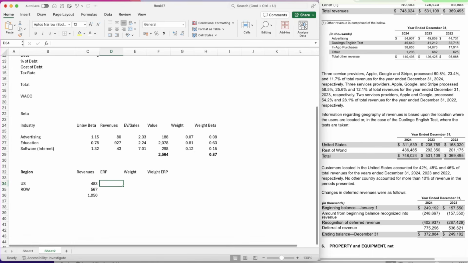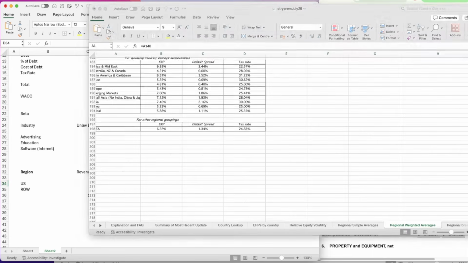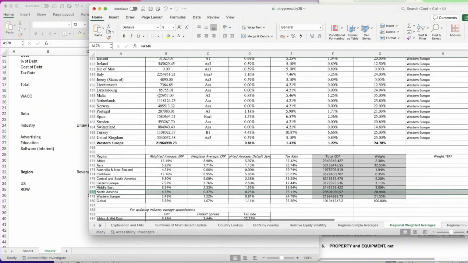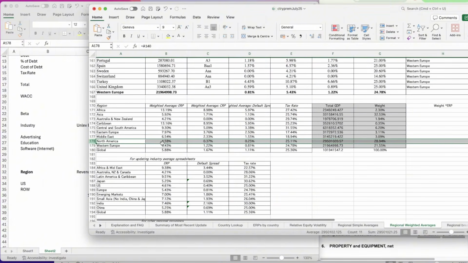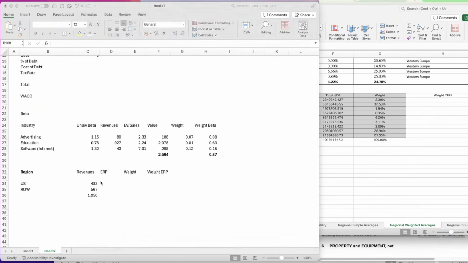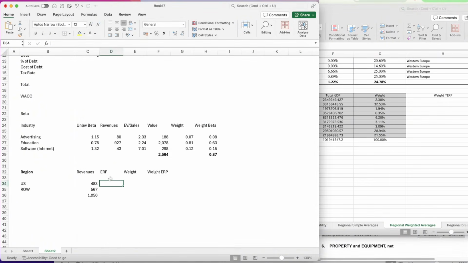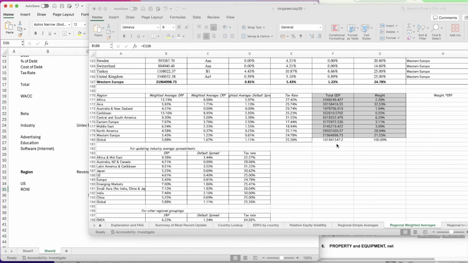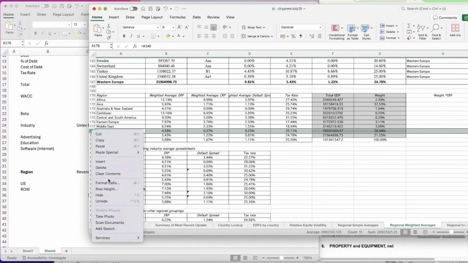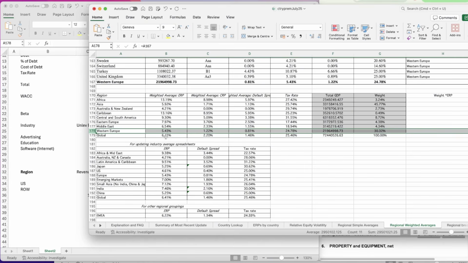So we know the ERP for the US is 4.61%. And for the rest of the world, we can't do it on this because it's not linked properly, but we'll just remove North America and we get 6.41% for the rest of the world.